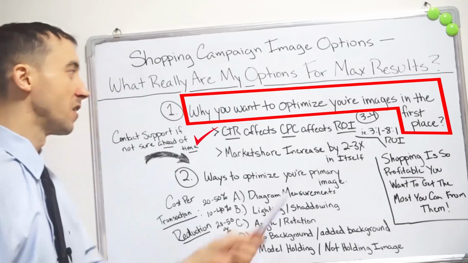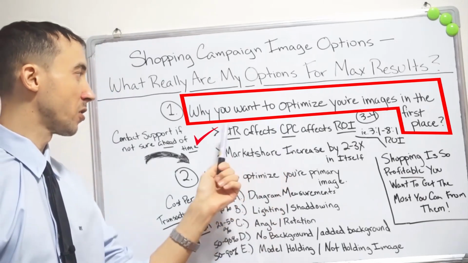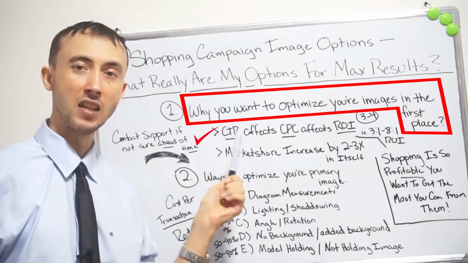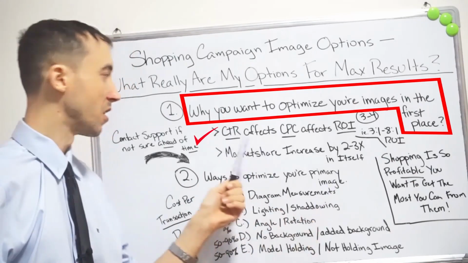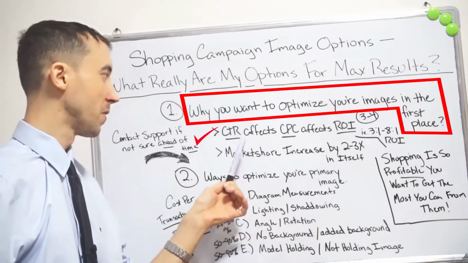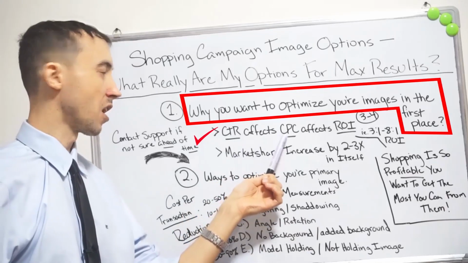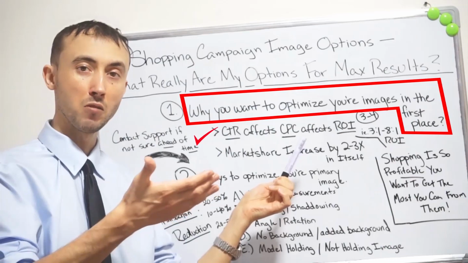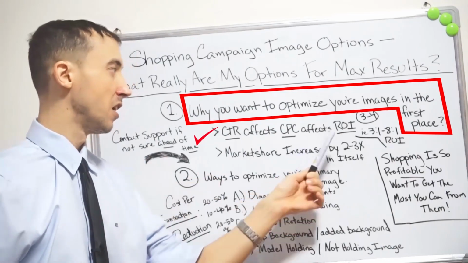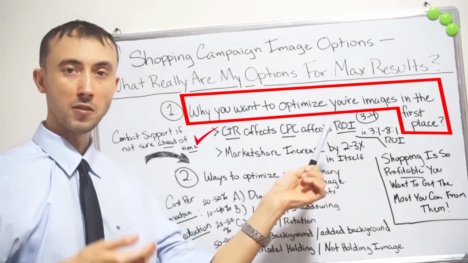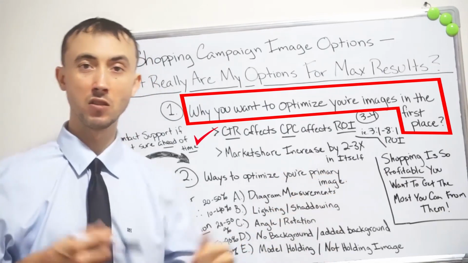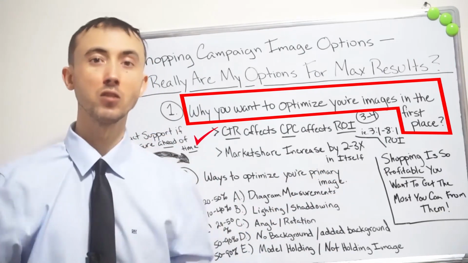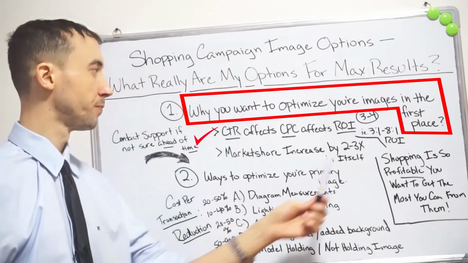Why not do this? You'll get a higher click-through rate on your shopping ads by doing what I'm about to share with you, and the cost per click will go down automatically by getting the click-through rate up, because they're directly related. And then of course, if you get your cost per click down, your ROI goes up, because cost per click, click-through rate, and ROI are all directly related.